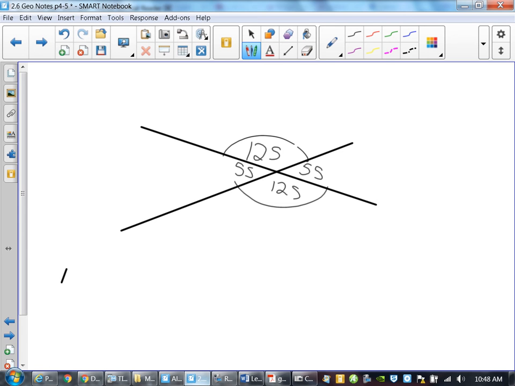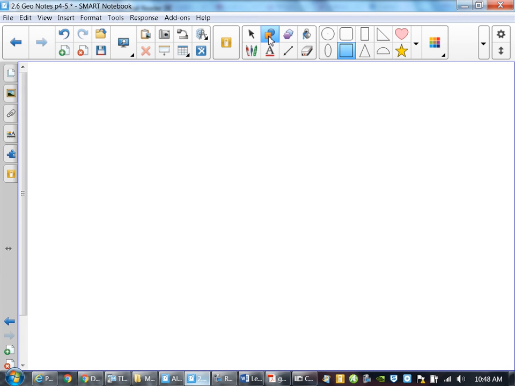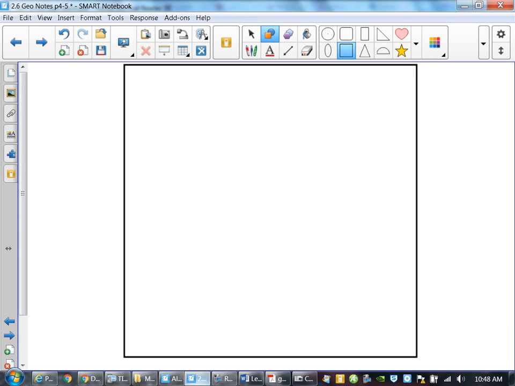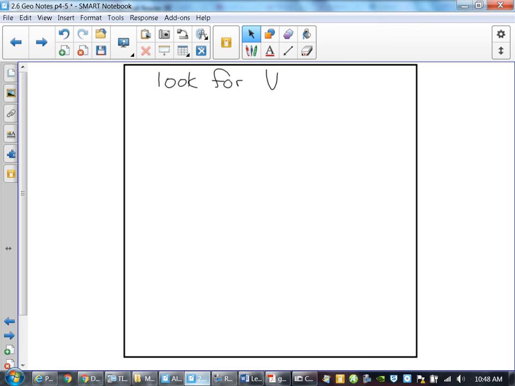Those 2 will always be congruent, and those 2 would always be congruent. They always, always, always will be. So in terms of a progression for this, sometimes you're going to have vertical angles, and I say, look for vertical angles.